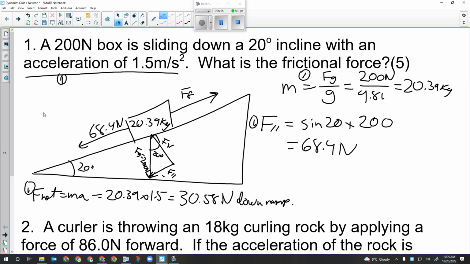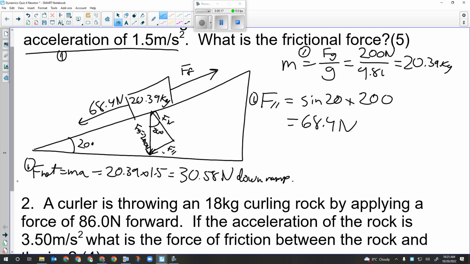So I've got my net force. What's the other way to calculate net force? The sum of all forces, right, the vector sum of all forces. So F net equals F parallel plus the force of friction, and I'm trying to find the force of friction. So force of friction will be F net minus F parallel.